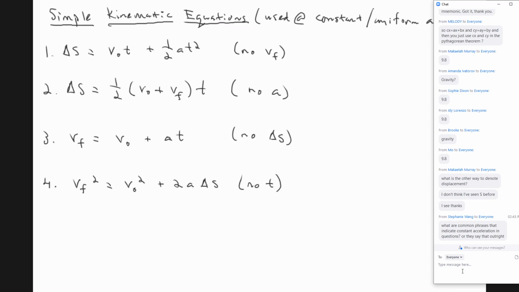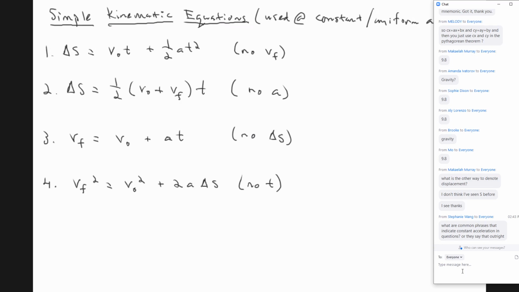But yes, that's how they're generally written. I just like to write it as S because it's inclusive of arc length, which is still a displacement. It just happens to be a displacement along a circular path. We'll talk more about circular paths next time when we talk about forces and rotational kinematics, okay?